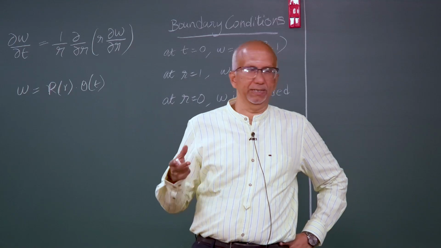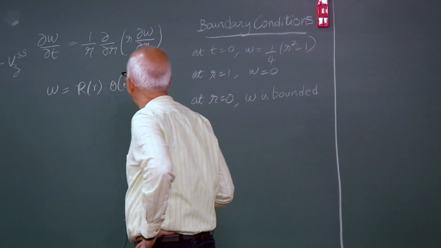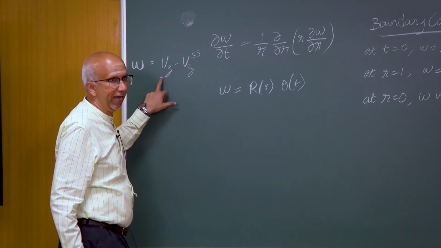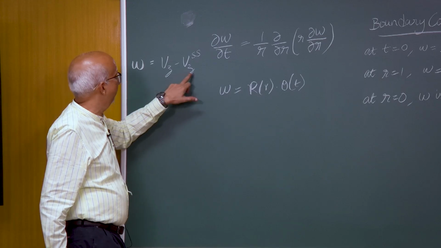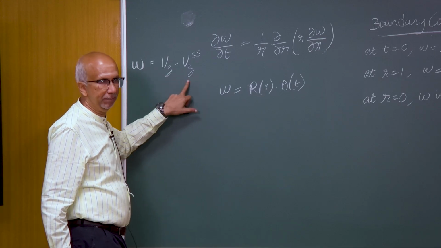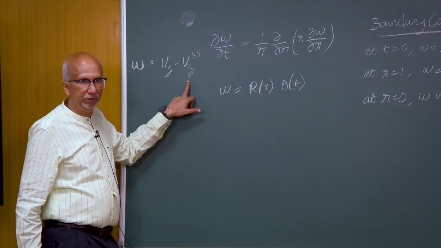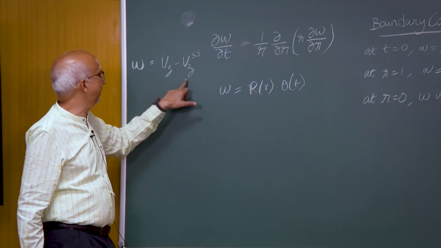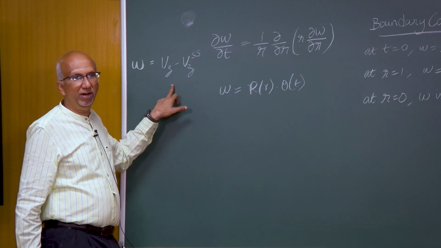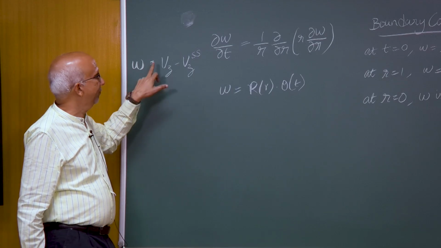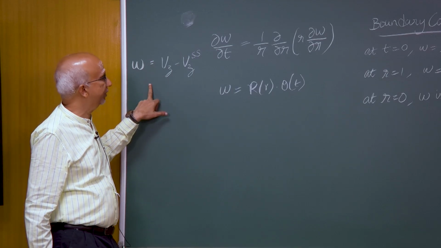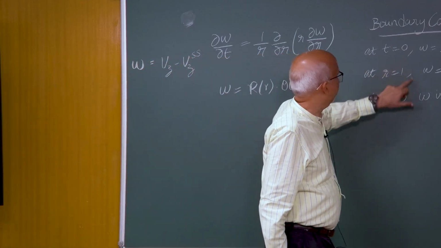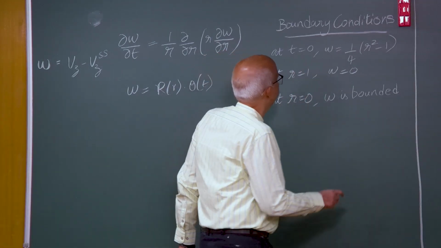We wrote the problem as a steady state problem plus the deviation. Vz is the actual velocity, and we are looking at the deviation from the steady state, which is the parabolic velocity profile. So, this is the parabolic velocity profile, this is the actual velocity, and this is the deviation. Now, the advantage is that when I look at it this way, the equation which governs W turns out to be a parabolic initial condition problem.